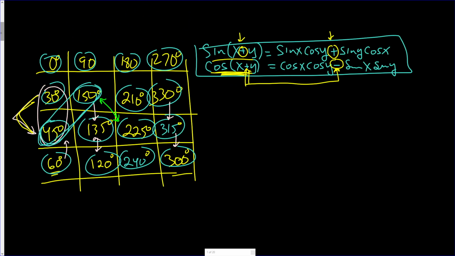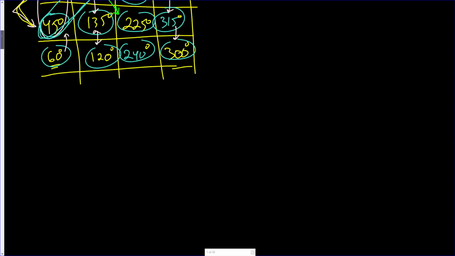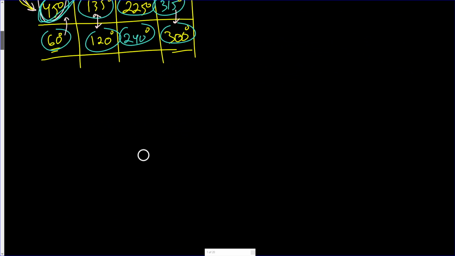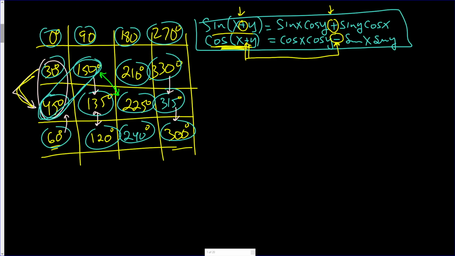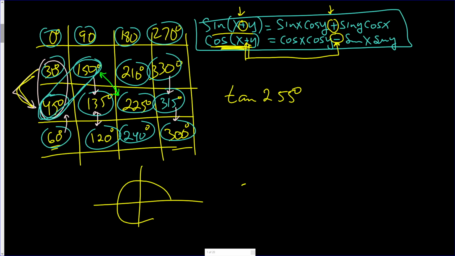Now, probably the first thing you should do, so like I said, maybe I'll change it to tangent. The tangent of 255 degrees. Well, like always, I know I didn't do this, but it's more than, actually, it's not 270.